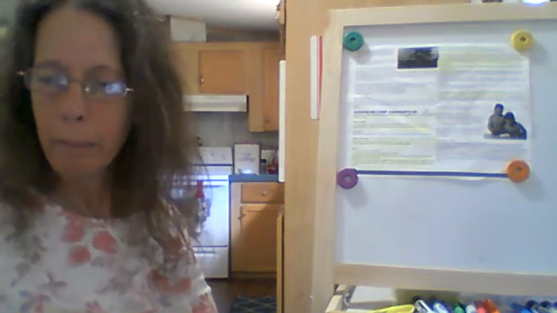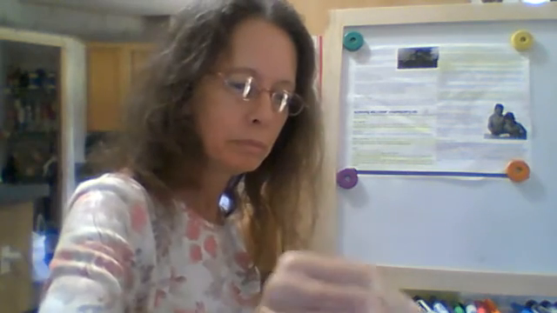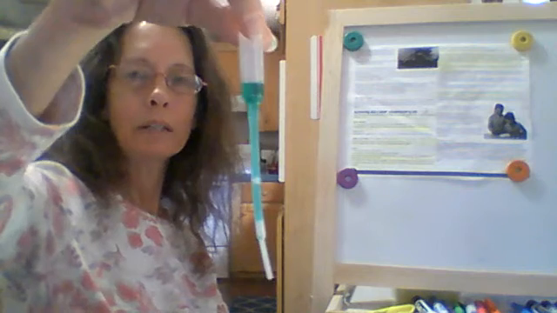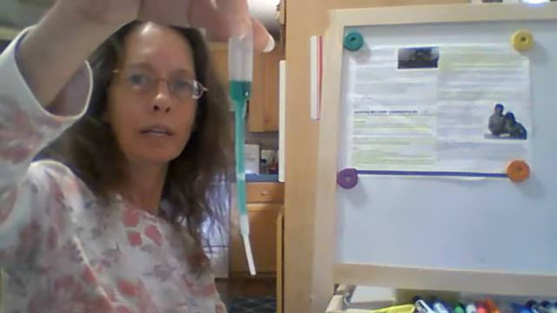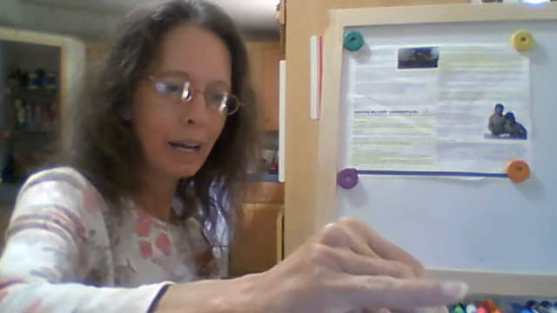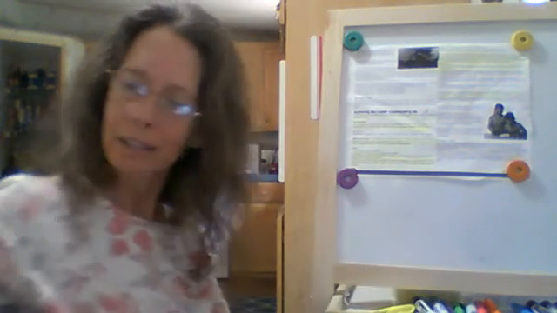Draw it back up in my pipette. Look. Can you see that color in there? What color is that? If I mix blue and yellow, what color do I get? Green. That's right. I get green. That's what we got. Okay?